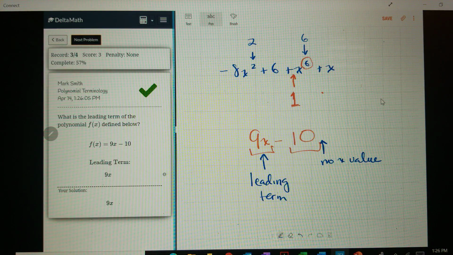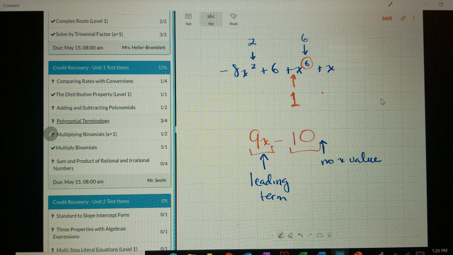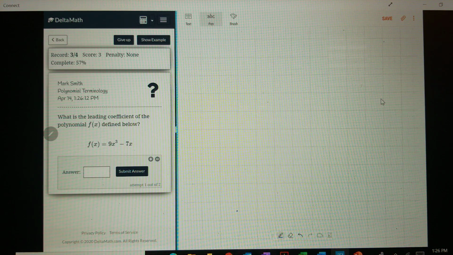All right, let's do 4 since it says to do 4. It says, what is the leading coefficient? So we have 9x cubed, 7x. First we need to find which one is the leading term.